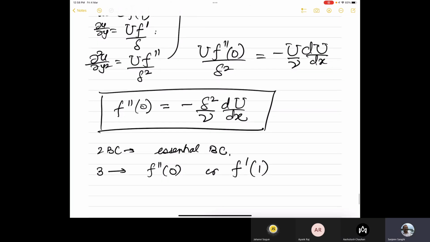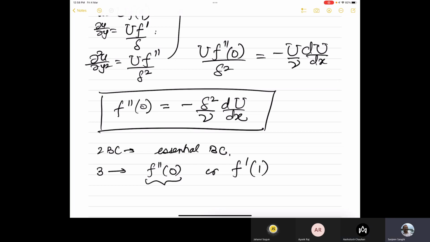And the answer to that, I would say, is that unless f double prime of 0 makes the third order polynomial a second order one, I will not use it. But otherwise, I will first use f double prime 0. Why? Because it incorporates the value of capital U of x in the solution.